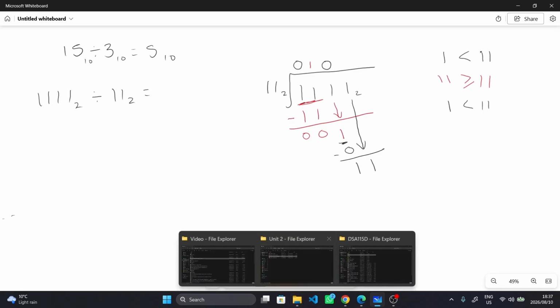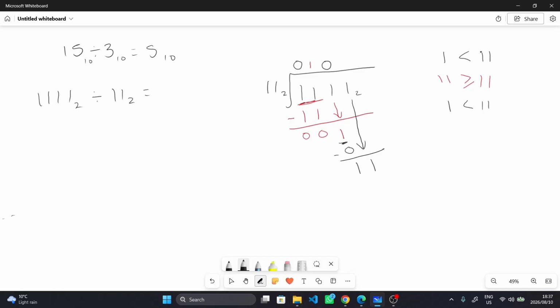And once we bring this one down, now we check. Is this value greater or less than? We say it's greater than or equal to 11. So we put 1 there, and we say 1 times 11, 11. It's going to be 11 minus that, then that is 0. So our answer is going to be 0101, which is 5 in binary. Right.